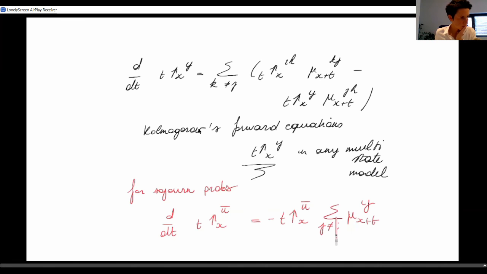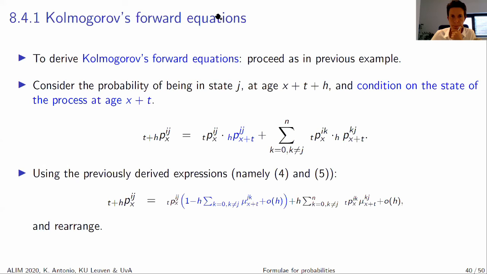So that's what we had earlier on as a very explicit solution for the differential equations that hold for the sojourn probabilities that you see over here. So if I take the two together, then I've got the whole framework that I can work with for any multi-state model that I want to consider.